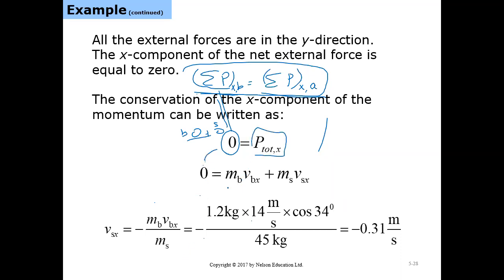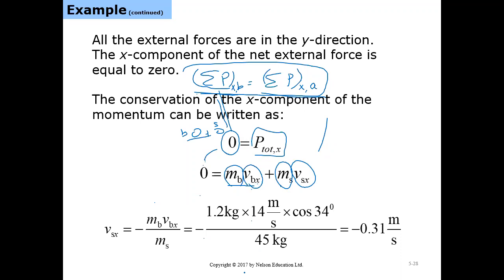What is the definition of momentum? Mass times velocity. But I only want the x direction. So the mass of the bottle times the velocity of the bottle in the x direction afterward, plus the mass of the skater multiplied by the velocity of the skater in the x direction. S for skater, x for x component.